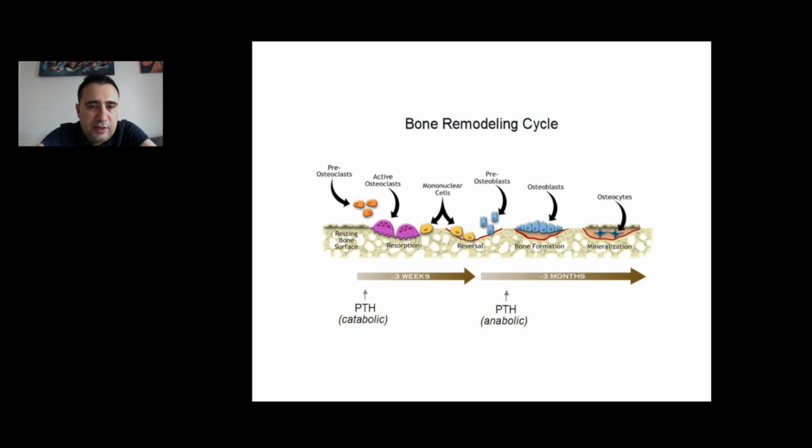In the catabolic phase, the active osteoclasts come to the region. They resorb the bone, and the mononuclear cells are reversed, pre-osteoblasts are activated, and osteoblasts come to the region, and the bone is formed. Then the osteoblasts become osteocytes, and they are entrapped in the bone matrix.